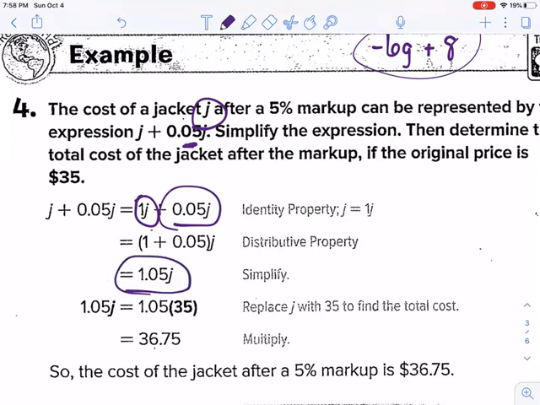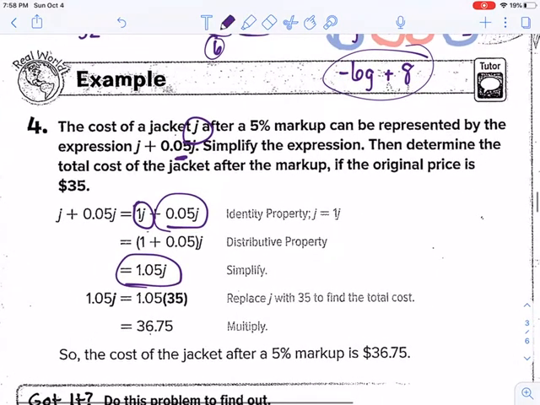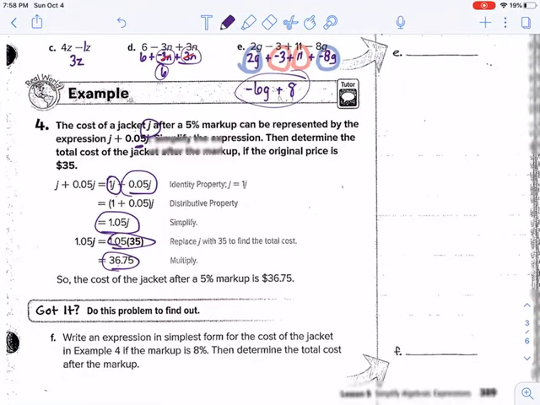So when you add those together, you get 1.05J. And then they're asking you if the original price is $35 of the coat, what is the total cost after the markup? So you would do 1.05 times 35, and the cost would be $36.75.